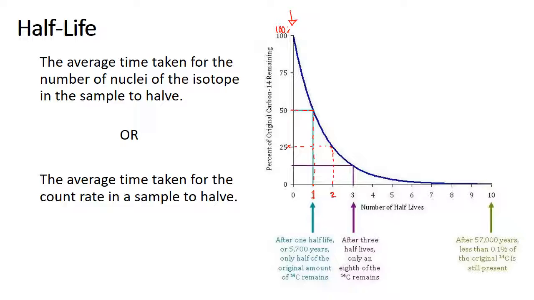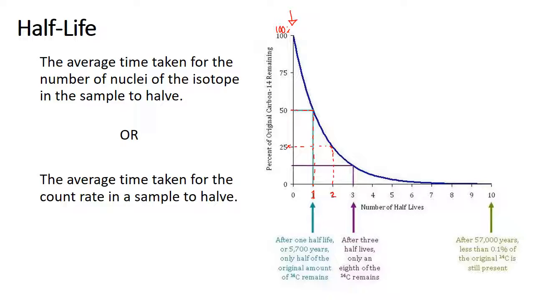The way that we can tell what percentage of the sample you've got is by using a Geiger counter. A Geiger counter clicks every time it hears an atomic nucleus decay, and this is known as the count rate. So the time it takes for the count rate to drop by half is known as a half-life.